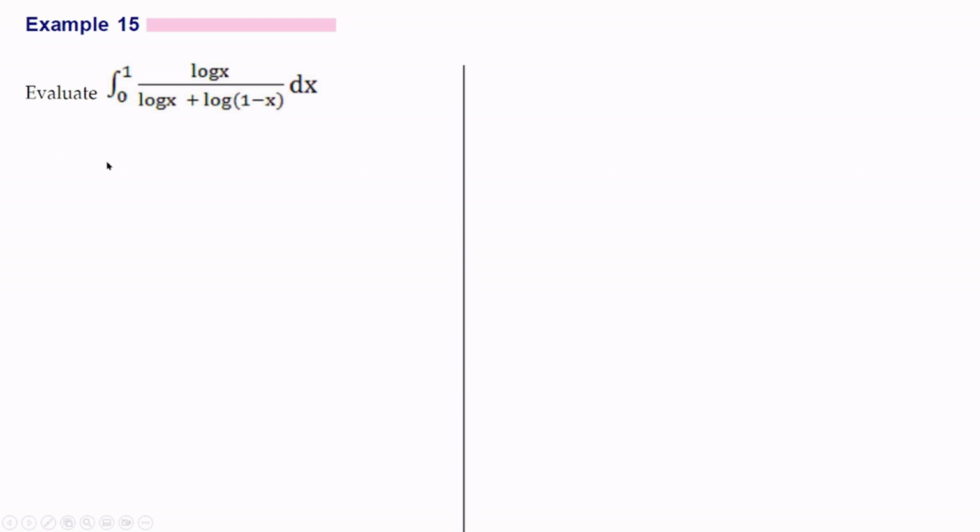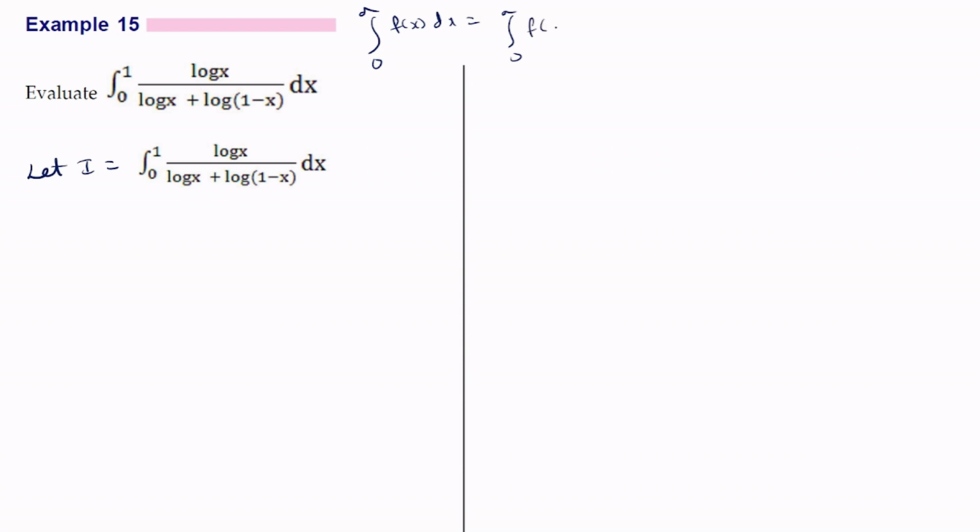Next question: evaluate integral 0 to 1 log x by log x plus log 1 minus x dx. So here let us take the given integral as I. This is of the form integral 0 to a f of x dx, which is equal to integral 0 to a f of a minus x dx. So using this property, we can find the value of this integral easily.